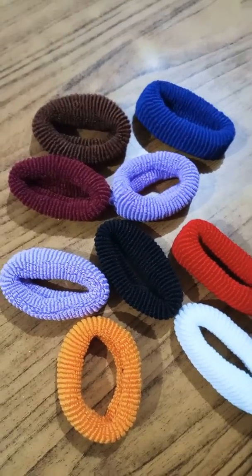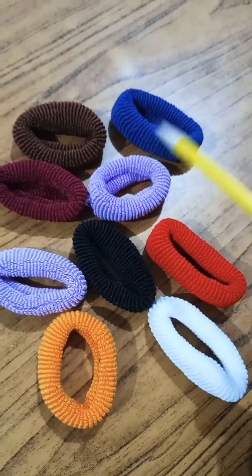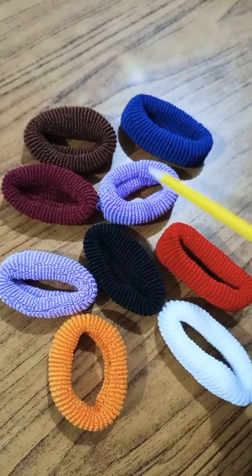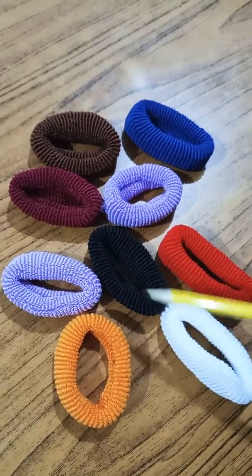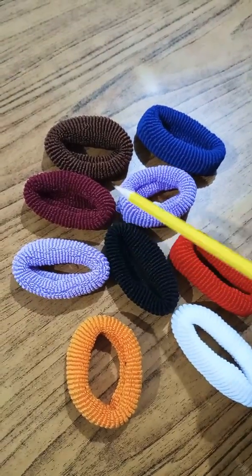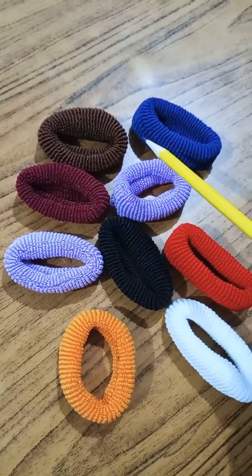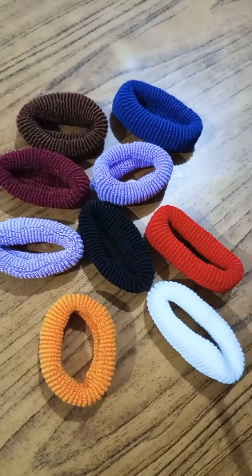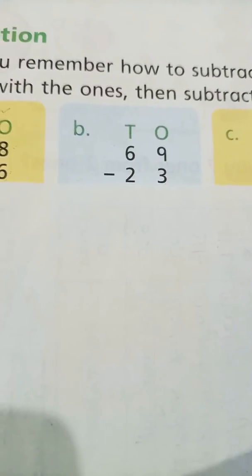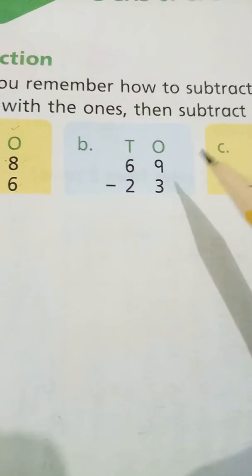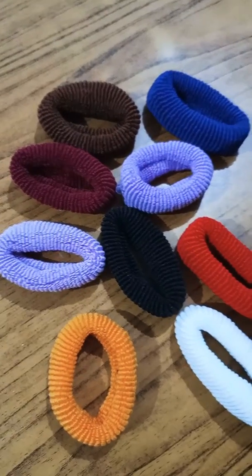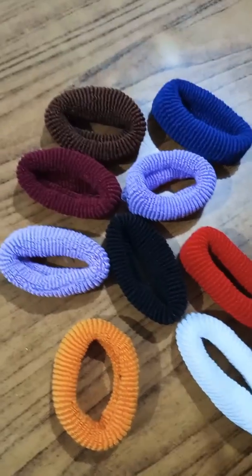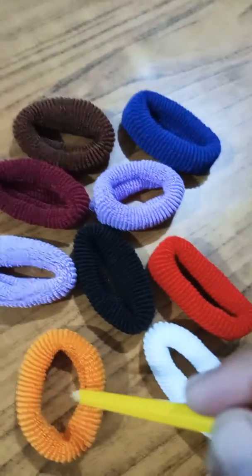For this, I have taken 9 rubber bands. 1, 2, 3, 4, 5, 6, 7, 8, 9, and we have to remove the number 3. So, look, we have to remove the number 3 from the number 9. So, I am removing 3 rubber bands here.